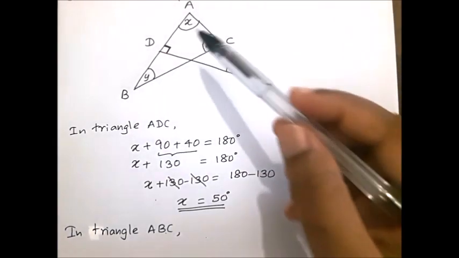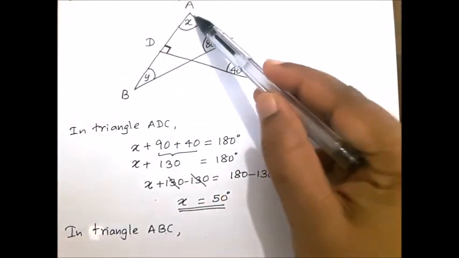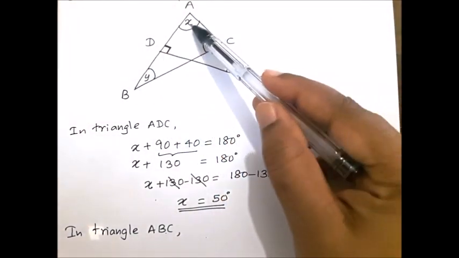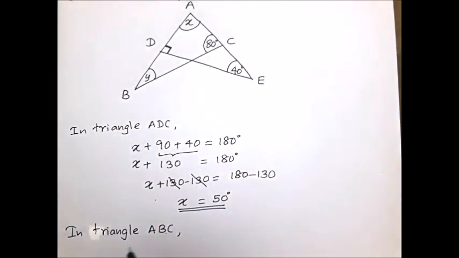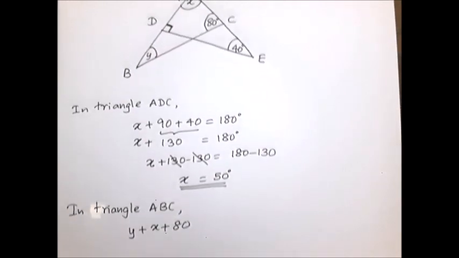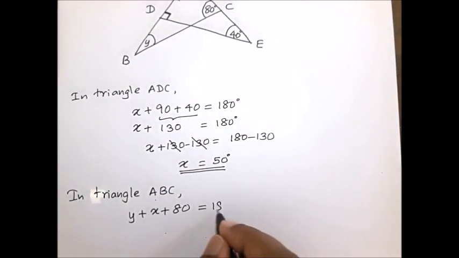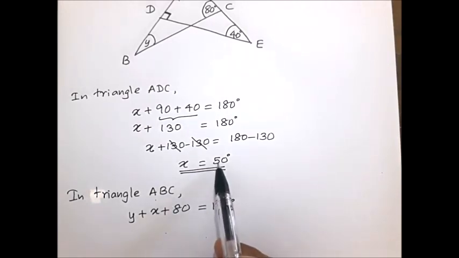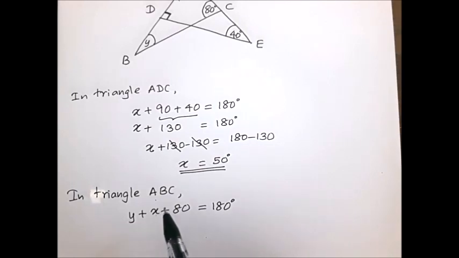Now look at triangle ABC. What are the interior angles of ABC? 80, x and y. y plus x plus 80 is equal to 180 degrees. The sum of interior angles of a triangle equals 180 degrees. Now you can substitute 50 degrees for x here.